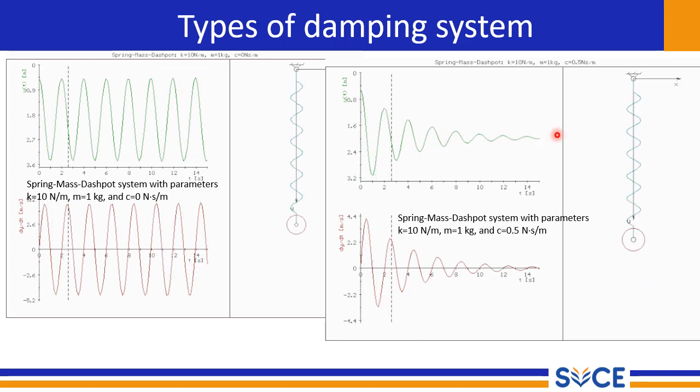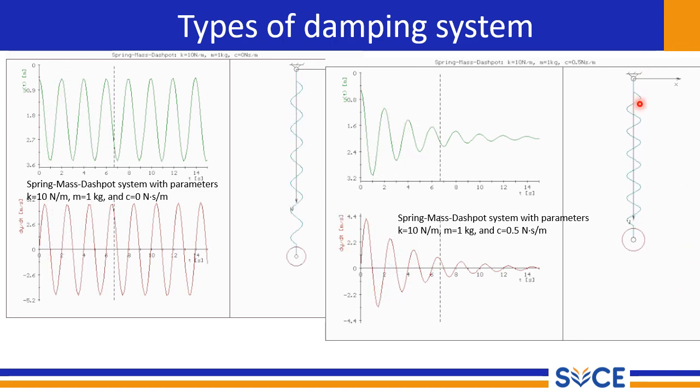This energy loss through damping is critical in real-world applications such as in car shock absorbers, where we need to control and minimize vibrations. Finally, the diagrams at the top of each set visually illustrate oscillatory motion of the mass in both the systems.